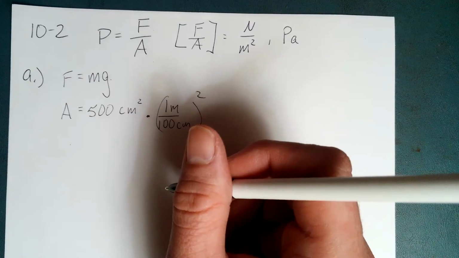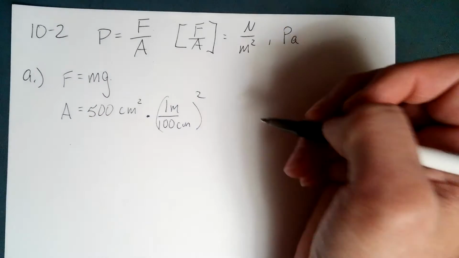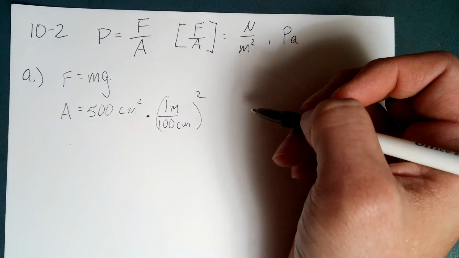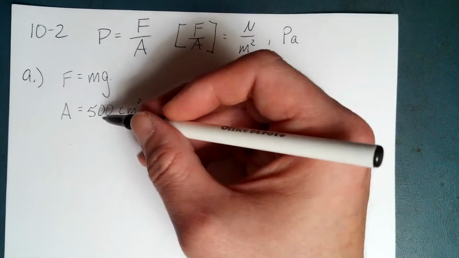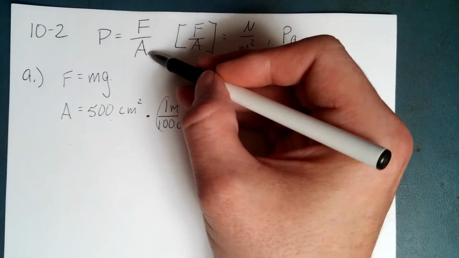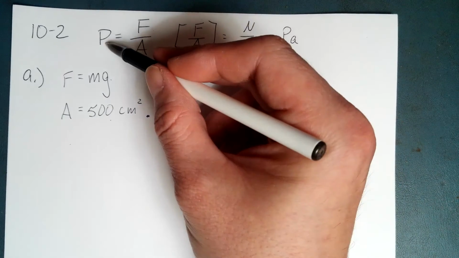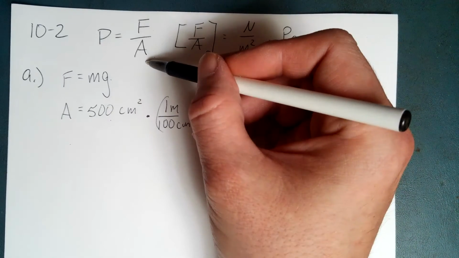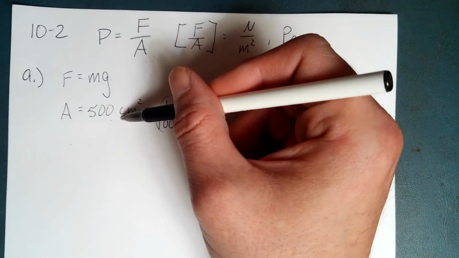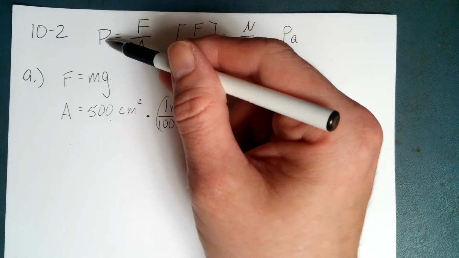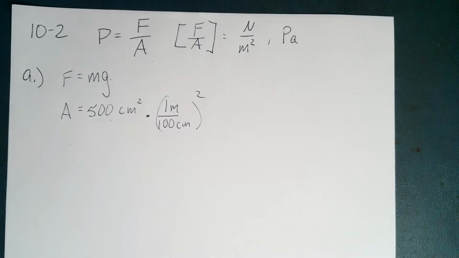Now, for part B, it's the same process except we assume the feet are the same size, so it's half the area. And you can see if you halve the area, then the pressure will double because it's inverse like that. So whatever you get here, the answer to the second part would be double whatever you get for part A.